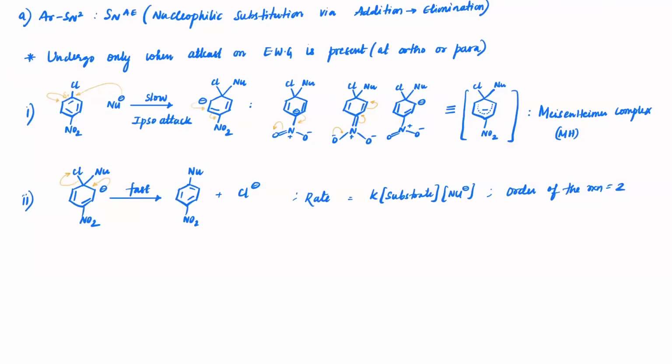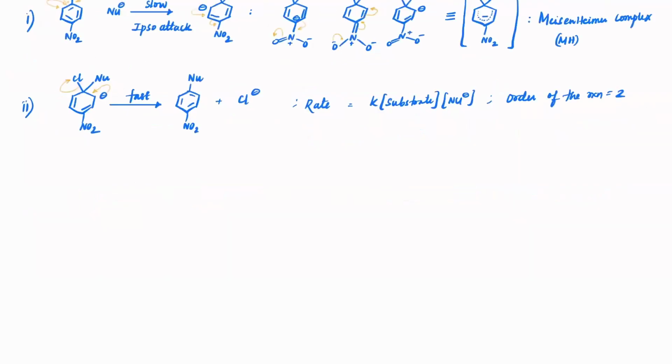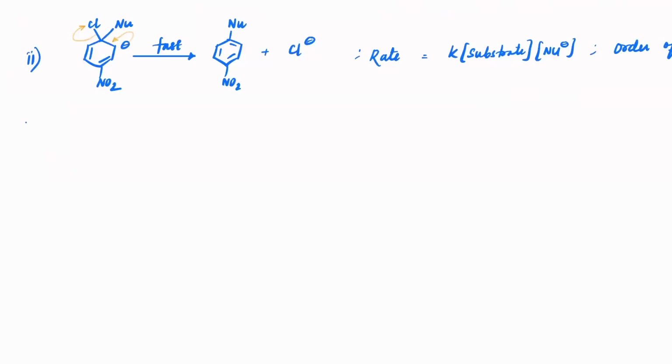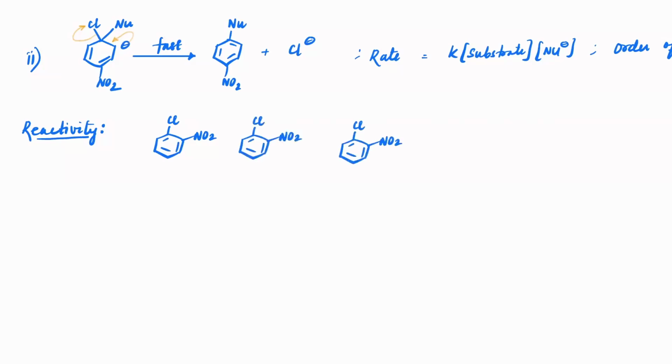Right. Now let's discuss the reactivity. What kind of reactivity is observed? So, in case you have chlorine with NO2 here, this way, and I have two more positions here, like this.